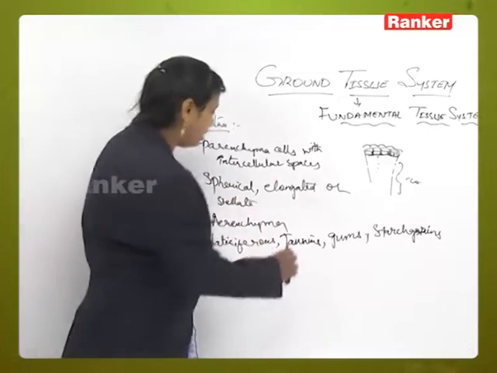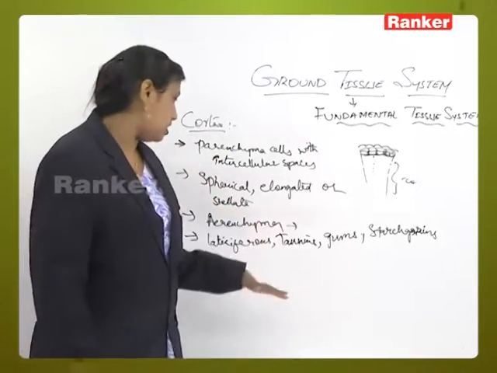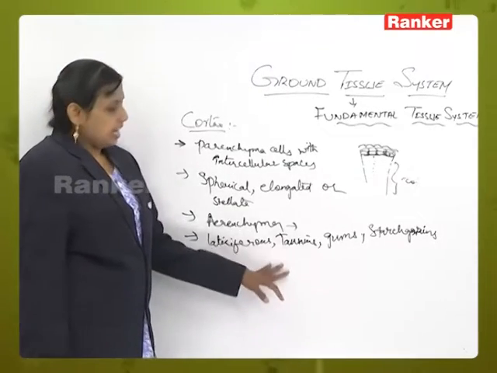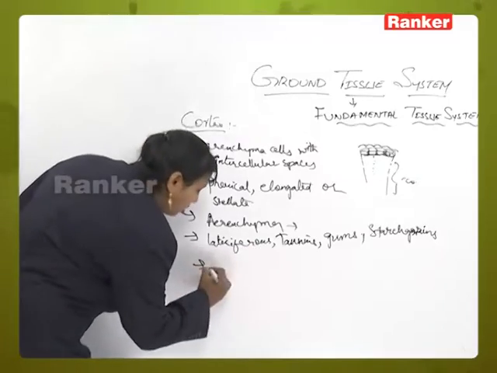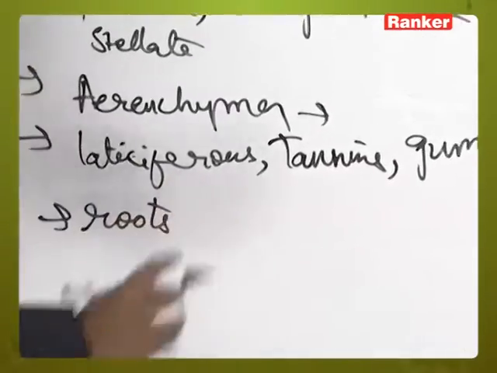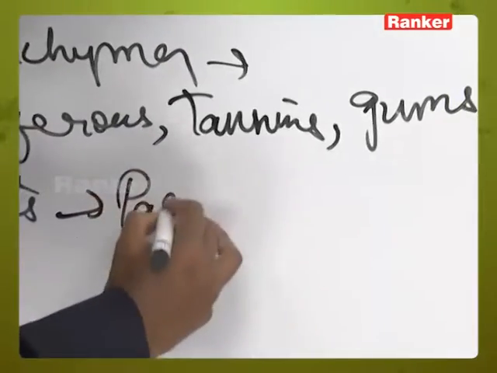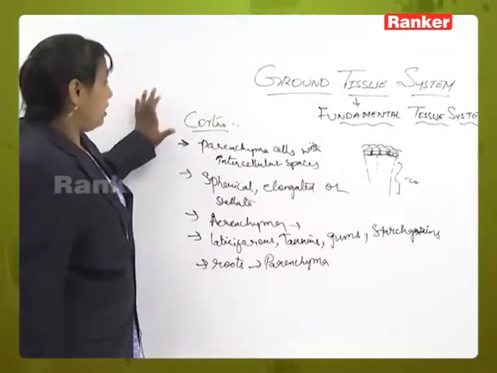In some hydrophytic plants, you will see the presence of aerenchyma, which helps in maintenance of water balance, as I said earlier. In addition to that, it also has laticiferous tissue, tannins, gums and starch grains. Now in all the roots, the cortex is made up of parenchyma cells. Okay, this is about cortex.